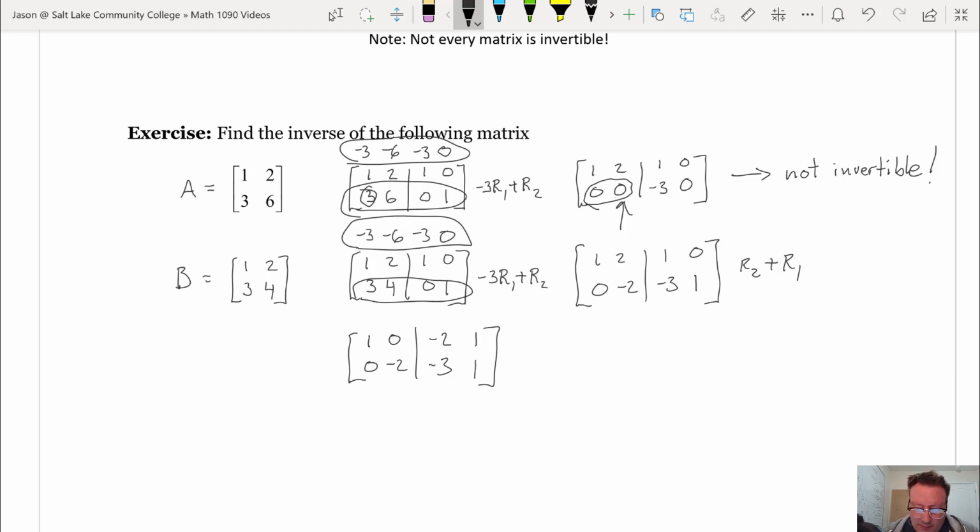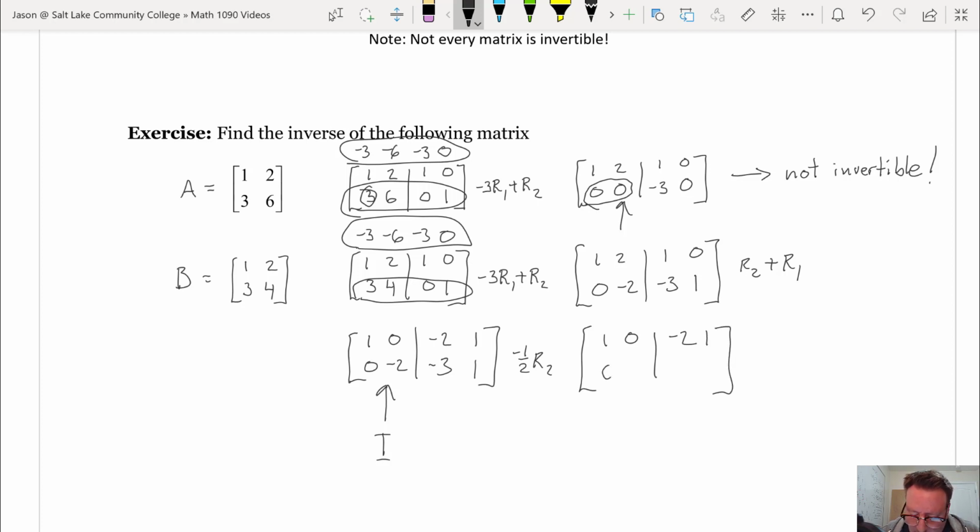Just one last row op to do. Remember, I'm trying to get the left-hand side to be the identity matrix. So I need to make that negative 2 on the diagonal into a 1. So I'm going to do negative 1/2 times row 2. This will result in the top row of the augmented matrix being 1, 0, negative 2, 1. It stays the same.